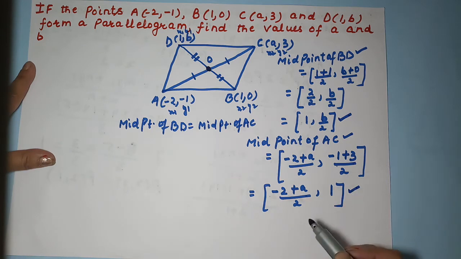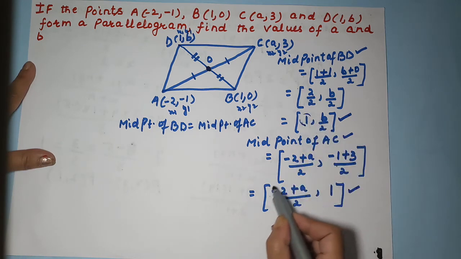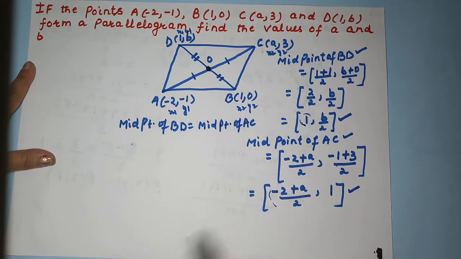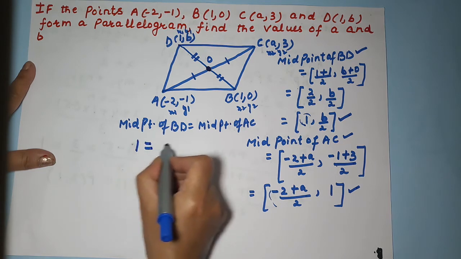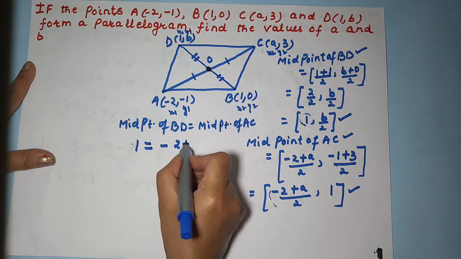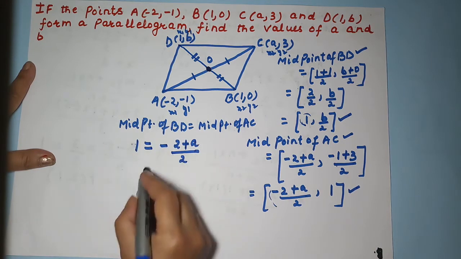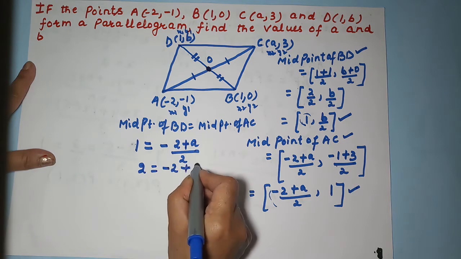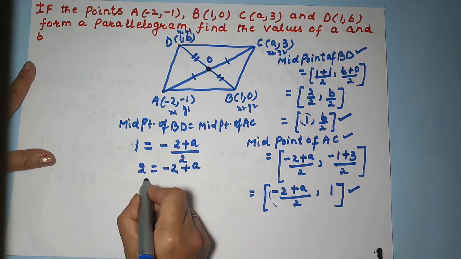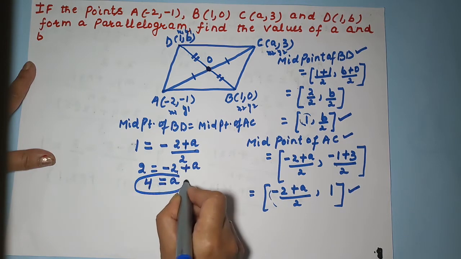That means the x coordinate of the midpoint of BD will be equal to the x coordinate of the midpoint of AC. So I can write 1 equals (-2 plus a) upon 2. If I cross multiply, I get 2 equals -2 plus a. If I shift this to this side, I get 4 equals a. I have calculated the value of a.